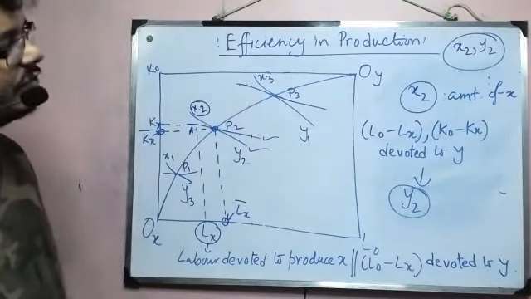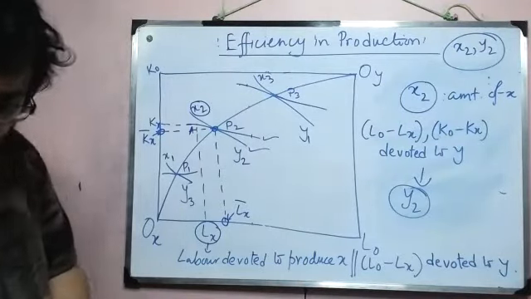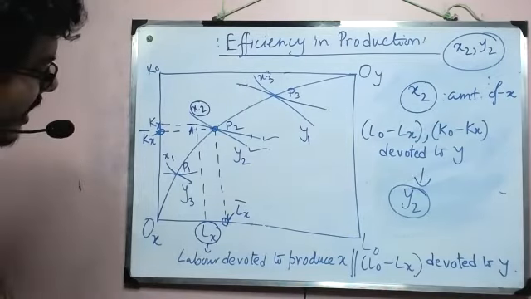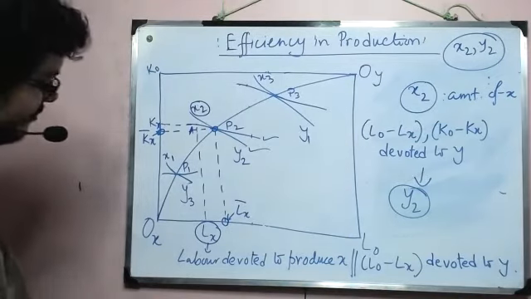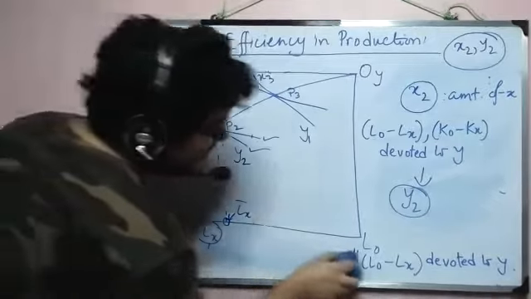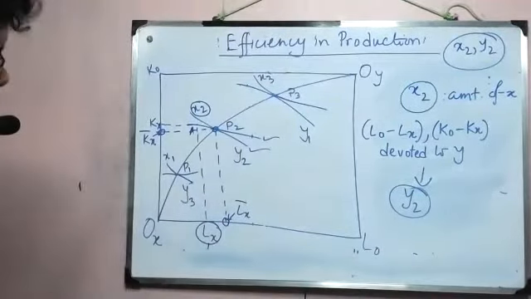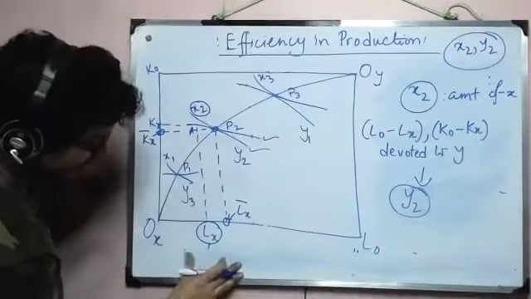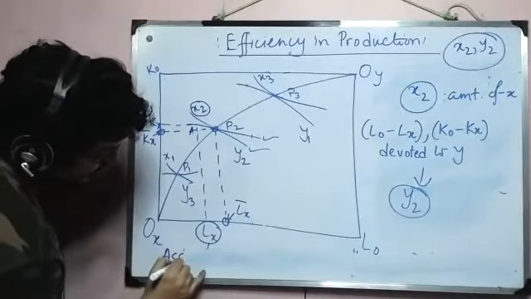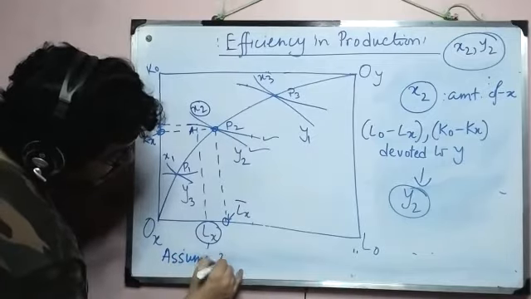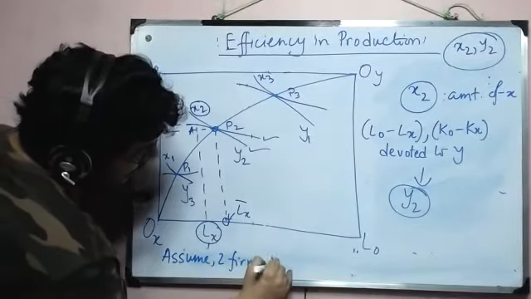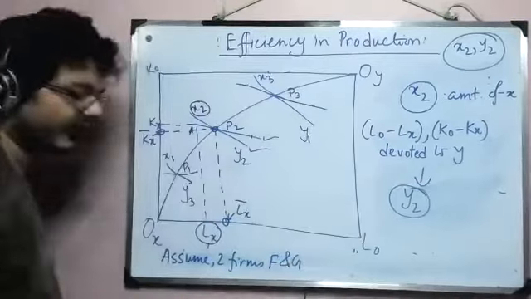Now, if I have two farms, then it poses a question to us, and this question is very simple. The question is that if I assume that there are two farms, so let's assume two farms F and G, all right.